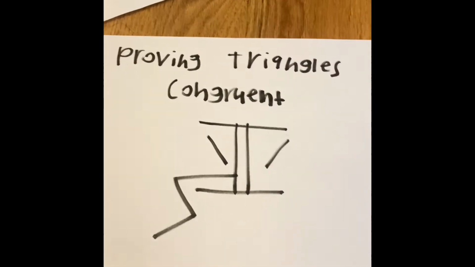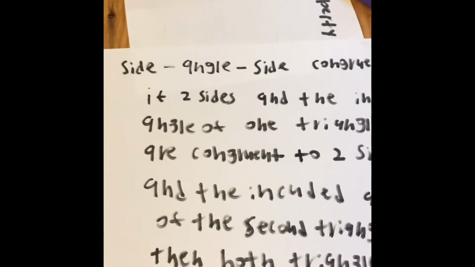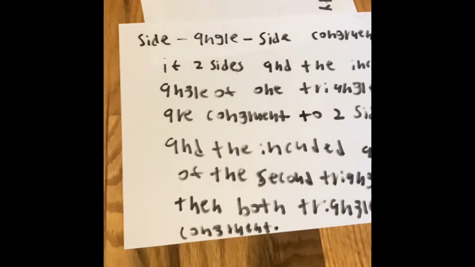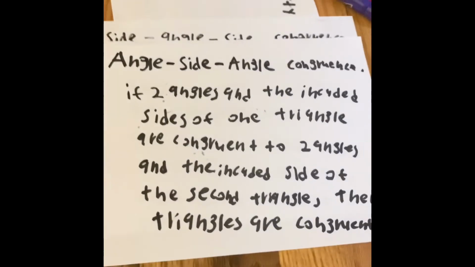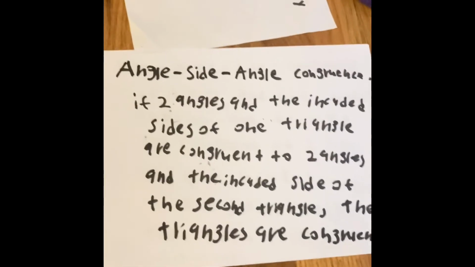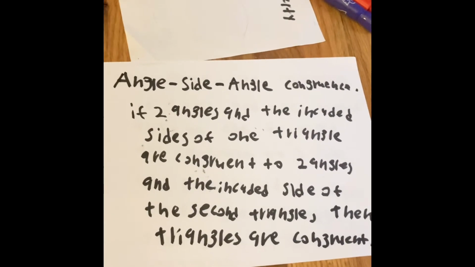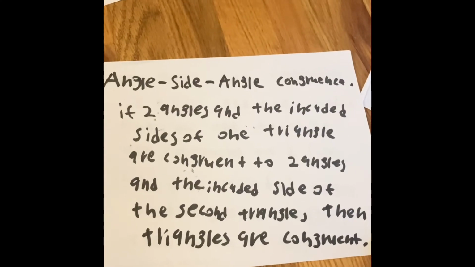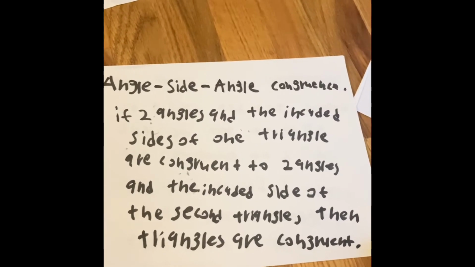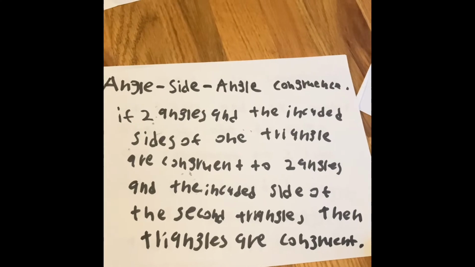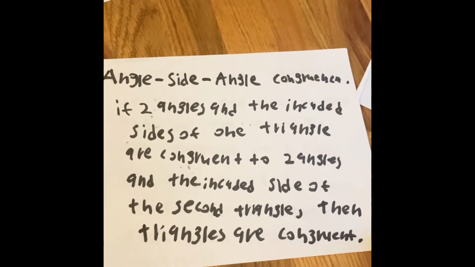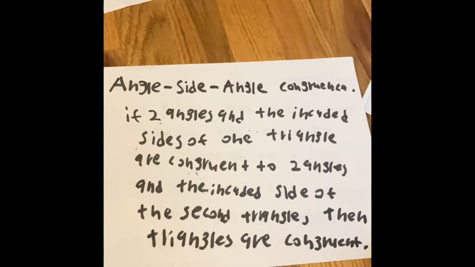But what if we have angle, side, angle? It's going to get a lot more crazy. This time, we have angle, side, angle. In this case, if 2 angles and the included side of one triangle are congruent to 2 angles and the included side of the second triangle, then both triangles are congruent.